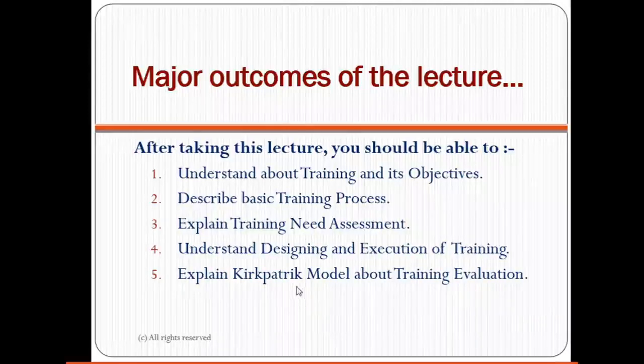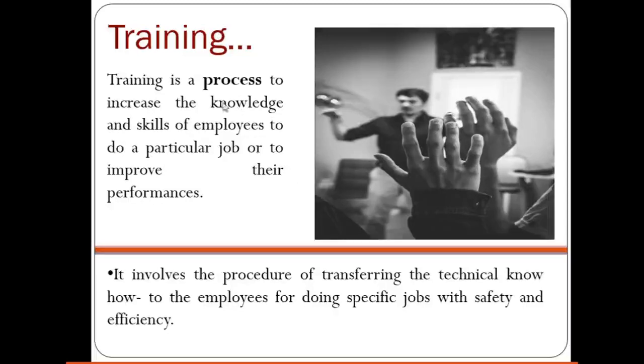Okay, let's try to achieve our first outcome, that's understanding about training and its objectives. Let's see what training is all about. It is a process to increase the knowledge and skills of employees to do a particular job or to improve their performances. From this definition, we can easily make out the 2 major results.